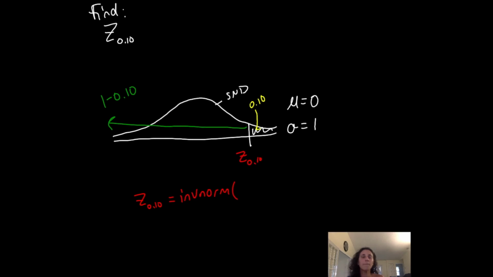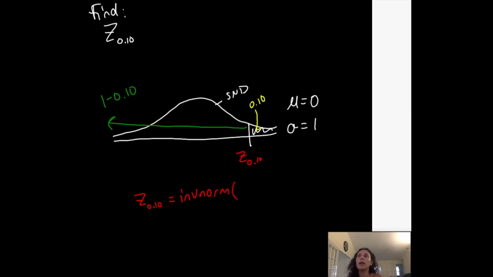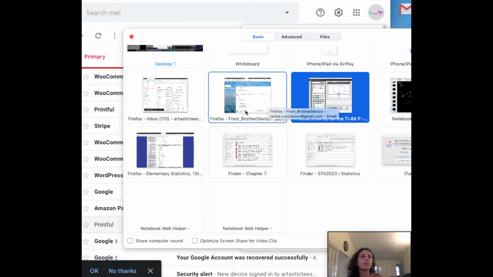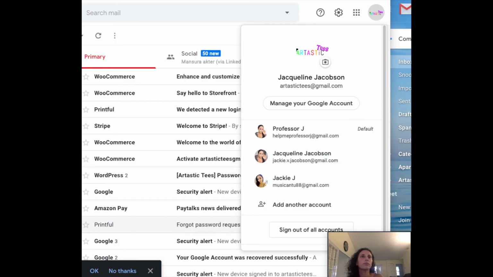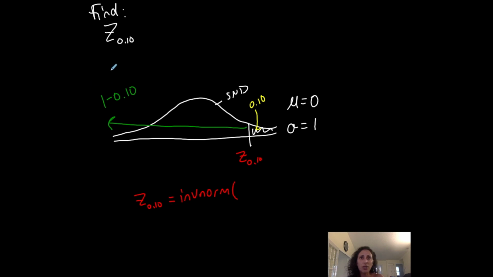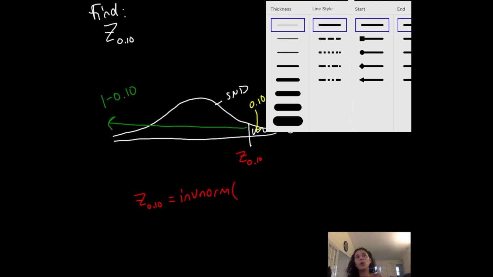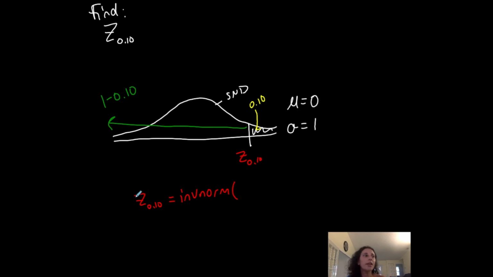1.28. So this critical value, this z-score that has an area of 0.1 to the right of it, is approximately 1.28.